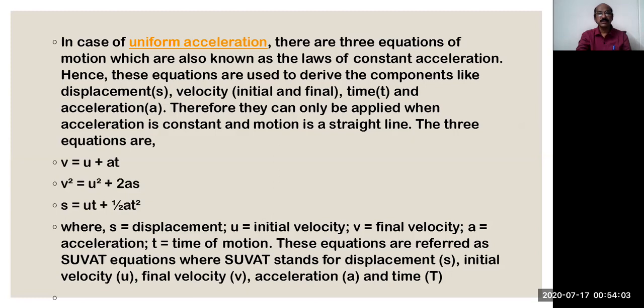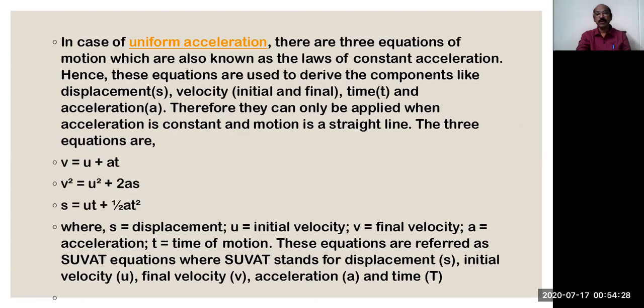These equations are used to derive components like displacement, velocity, that is initial velocity and final velocity, time t, and acceleration a. Therefore, they can only be applied when acceleration is constant and motion is in a straight line.